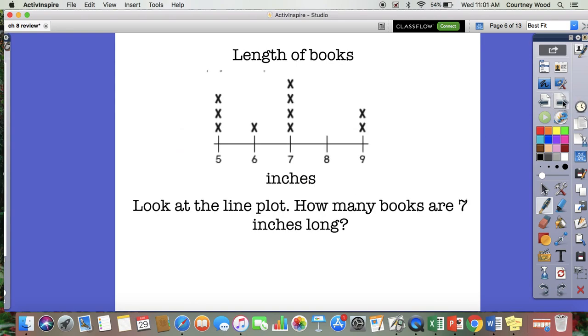Okay, now let's look at our line plot. Remember, a line plot is how we display data. This is for length of books, and down here is how many inches the books were. Look at the line plot. How many books are 7 inches long? What are you going to count?